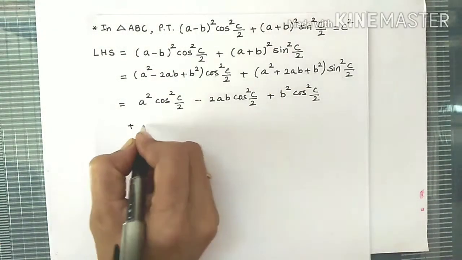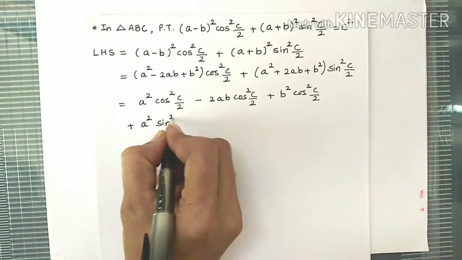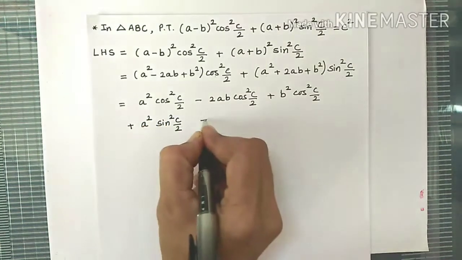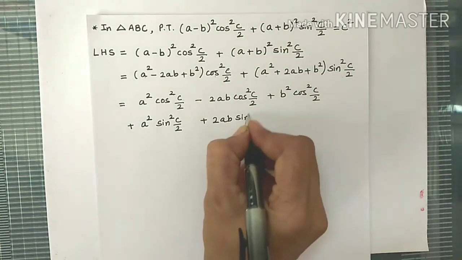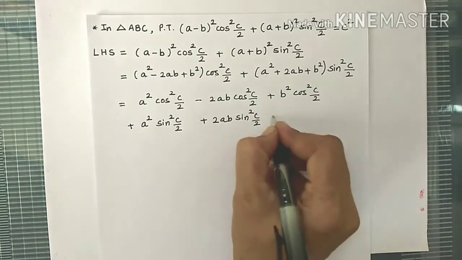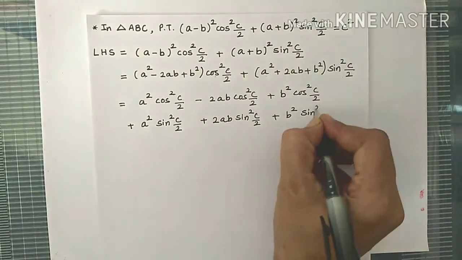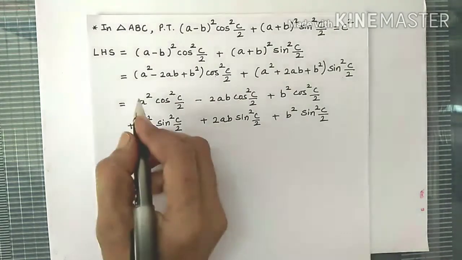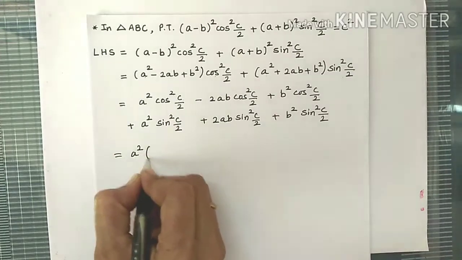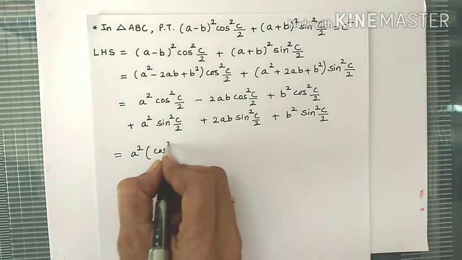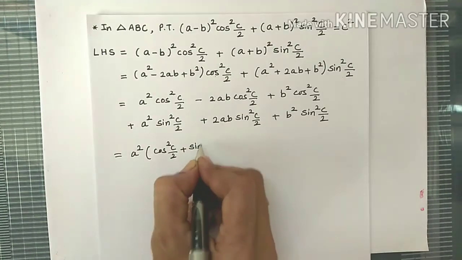So let's write here a square sin square C by 2 plus 2ab sin square C by 2 plus b square sin square C by 2. Now from these two terms we can take a square common. So we get a square into bracket cos square C by 2 plus sin square C by 2.